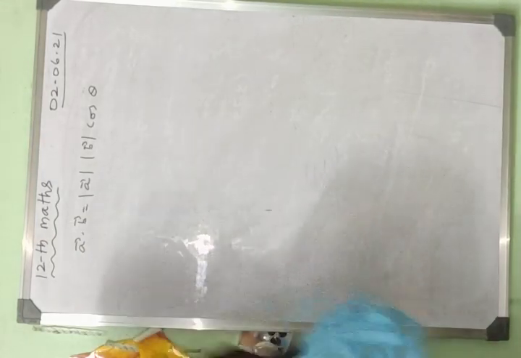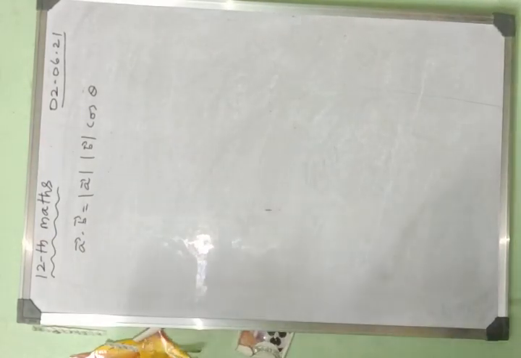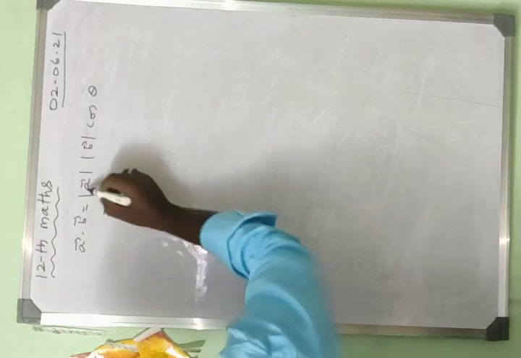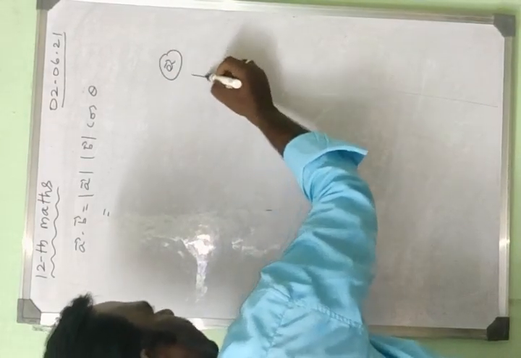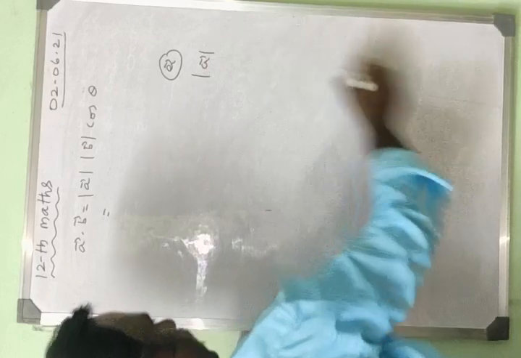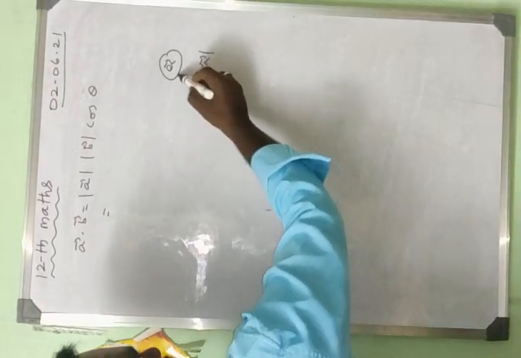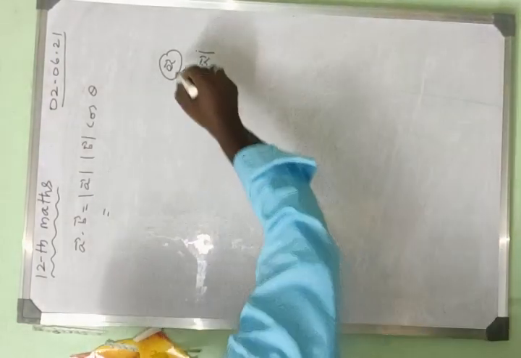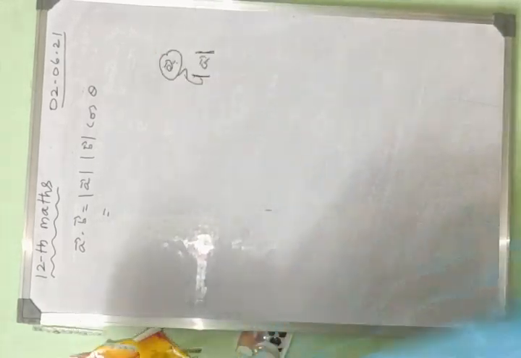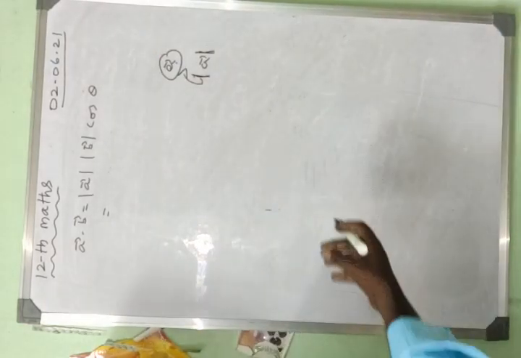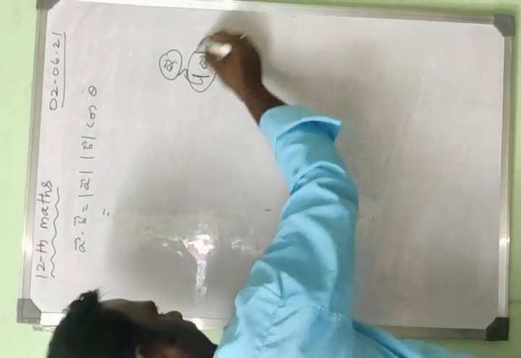Vector A dot B equals mod of vector A, mod of vector B, cos theta. When we put mod, it means the length of vector A. A vector is one vector, and we want a scalar, so we take the modulus. This is a scalar value.